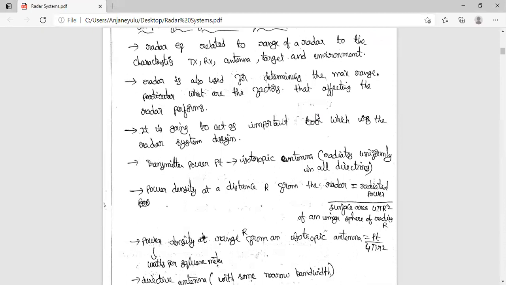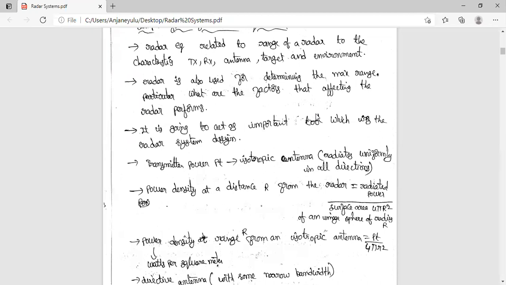Simply, we consider a radar station and a target. At the start, we generate electromagnetic waves from the transmitter section, and these electromagnetic waves are transmitted using an isotropic antenna. The isotropic antenna radiates electromagnetic waves in all directions uniformly.